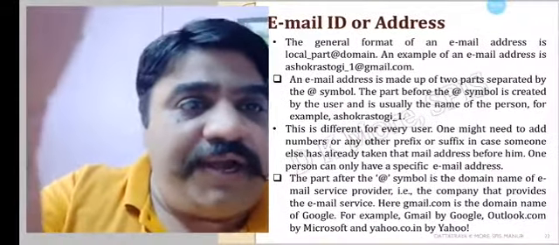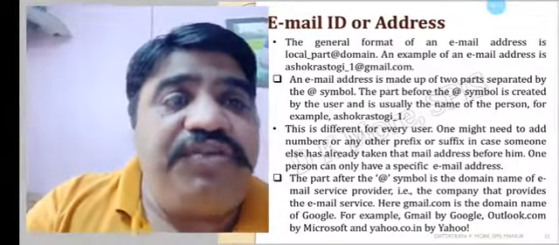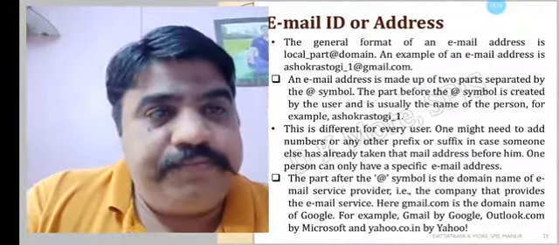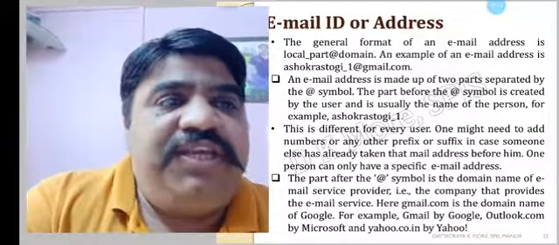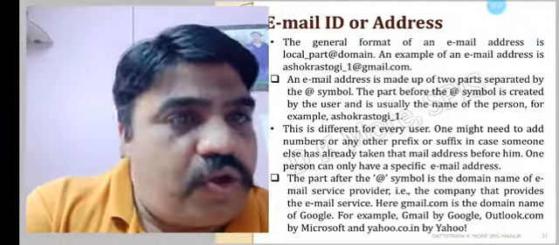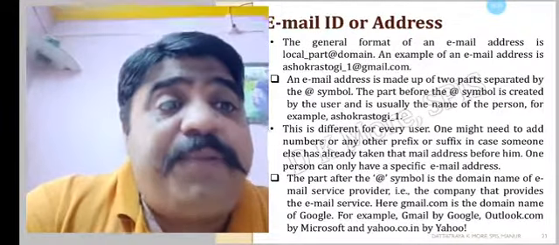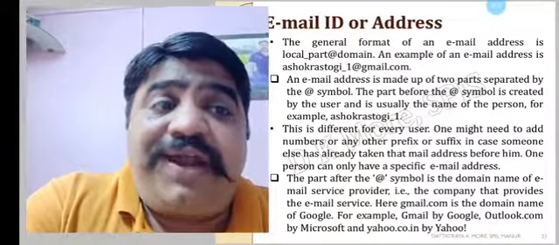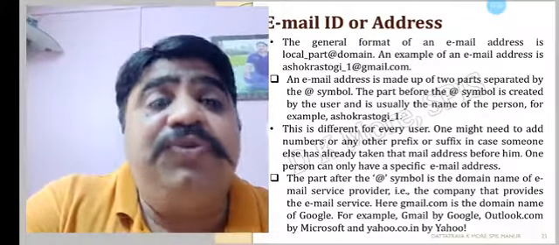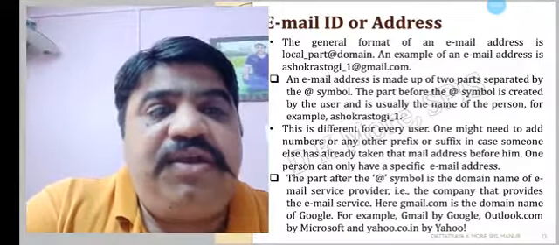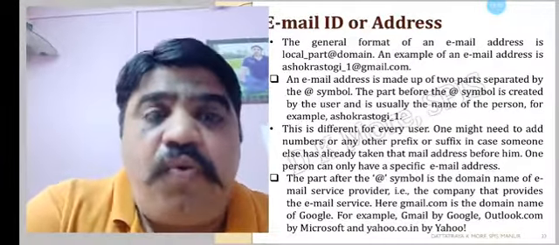Email ID or address. The general format of an email address is local part at domain. An example of an email address is ashokrastogi_1@gmail.com. An email address is made up of two parts separated by the @ symbol. The part before the @ symbol is created by the user and is usually the name of the person, for example ashokrastogi_1.